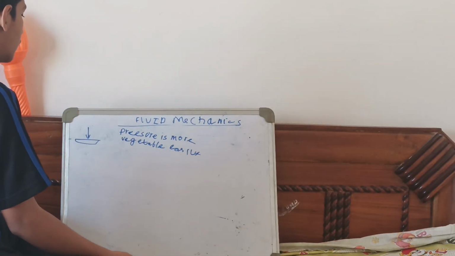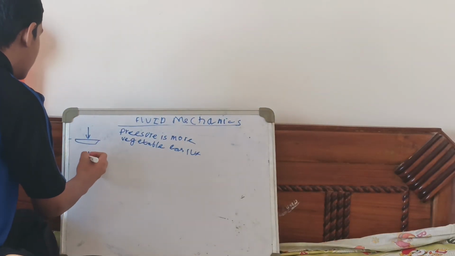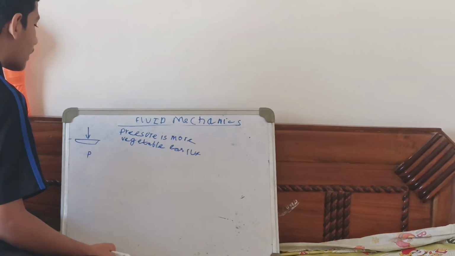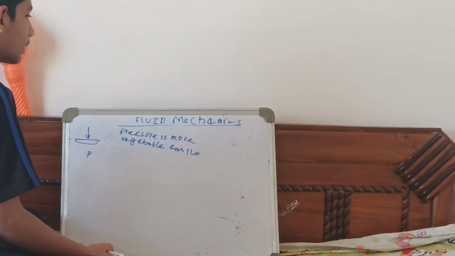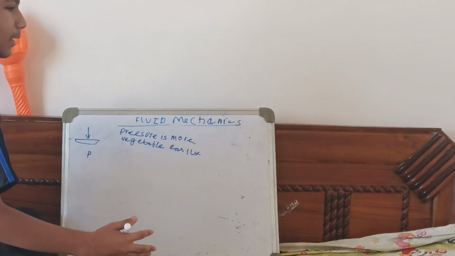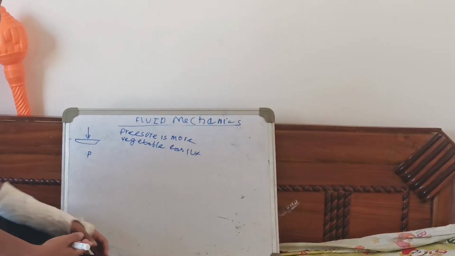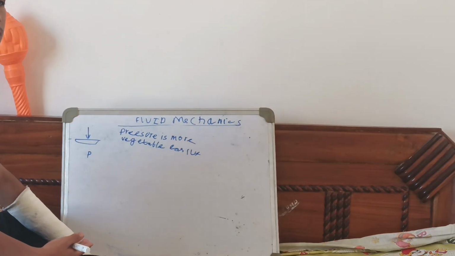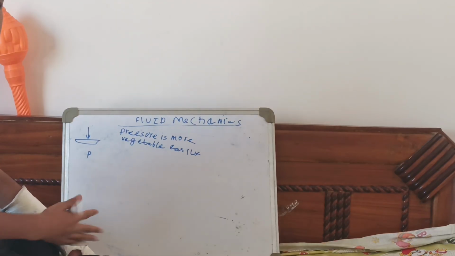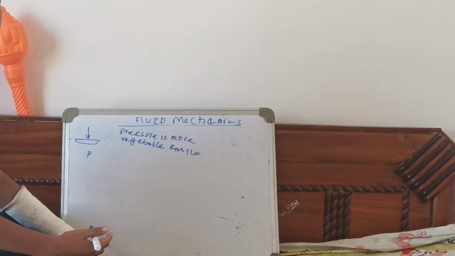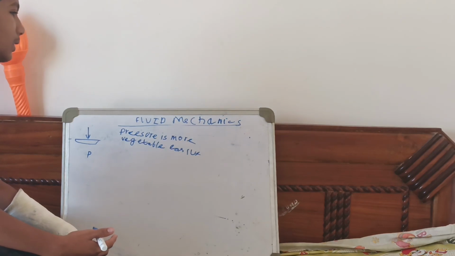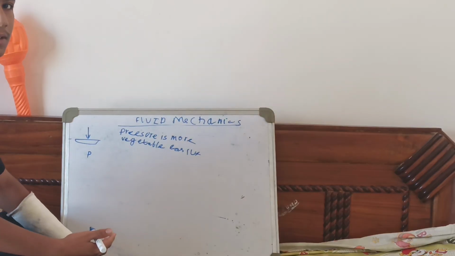If we use something that is not sharp, like a bolt, with a larger area, then we can't cut vegetables that easily.